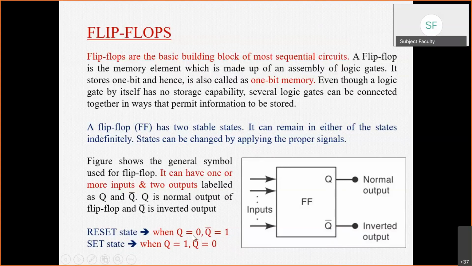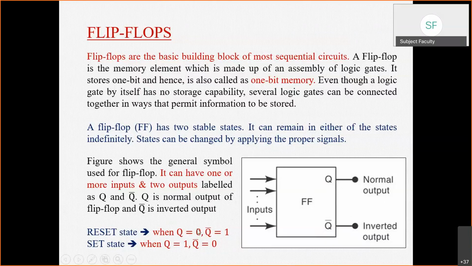Don't remember the values of both Q and Q bar at a time, because there is no need. You can remember only one value and the other will be its complement. So we will focus on the value of Q, because Q is the normal output, and whenever we require the value of Q bar, we can take its complement.